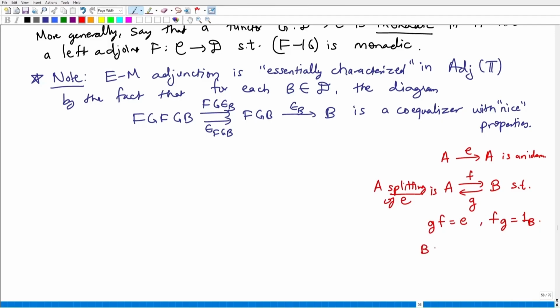So this B to A is a mono, and then I have two maps, identity and this is G. This is an equalizer diagram, because E is GF. So GFG is equal to G. And this is the best possible solution. So this is called a split equalizer. I want to say that this is an absolute limit.